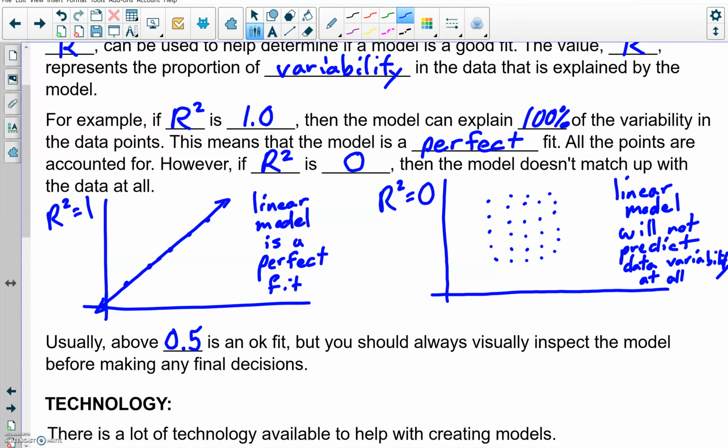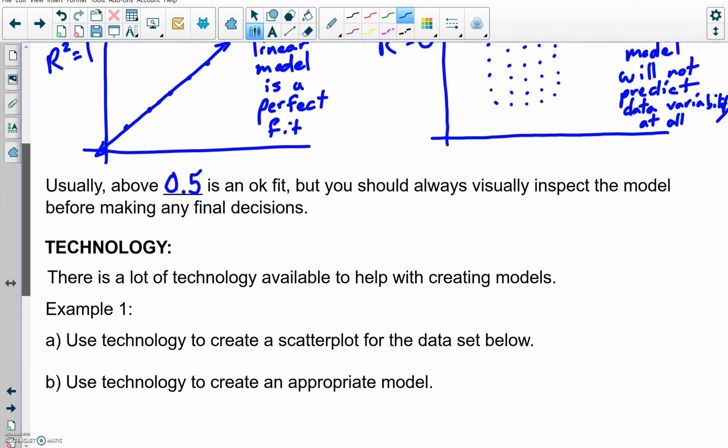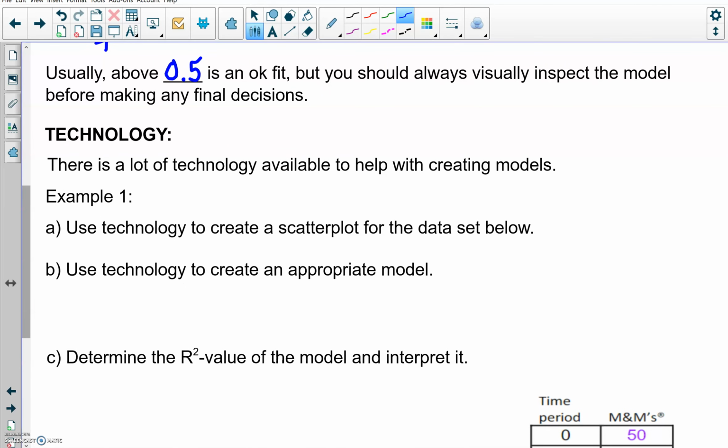But really, the eye test, it's like, well, no, there's just a couple of weird glitches there. It's really more linear if you look at the beginning and end, so to speak. So you always want to visually inspect this, and it's even more true when you have smaller data sets. When you start getting lots and lots of data values, the trend is kind of established. But with smaller data sets, sometimes you almost want to overrule the r squared based on what you see to pick a proper model.